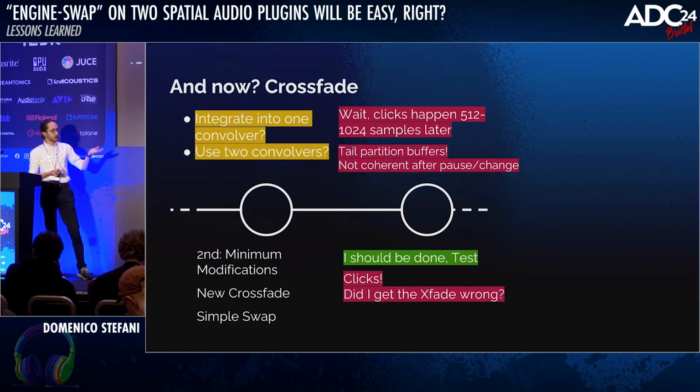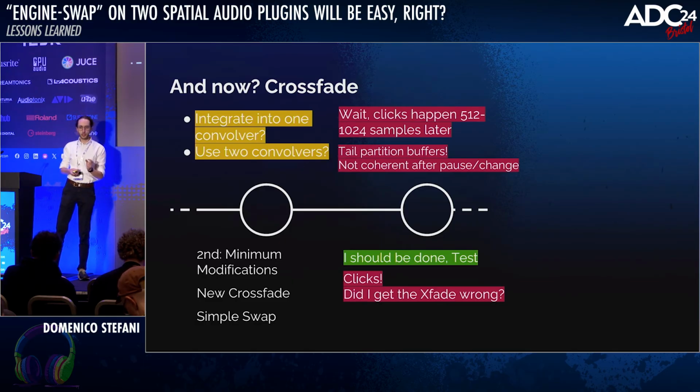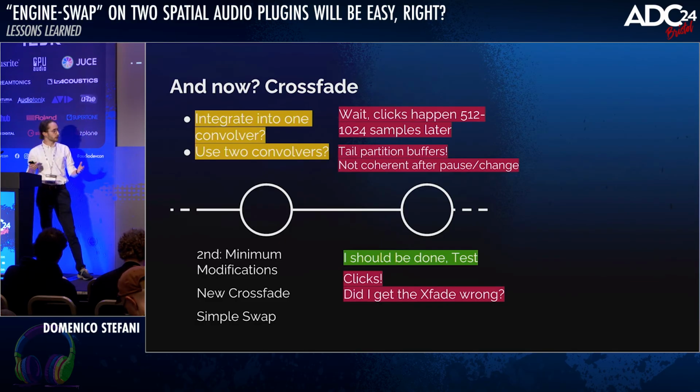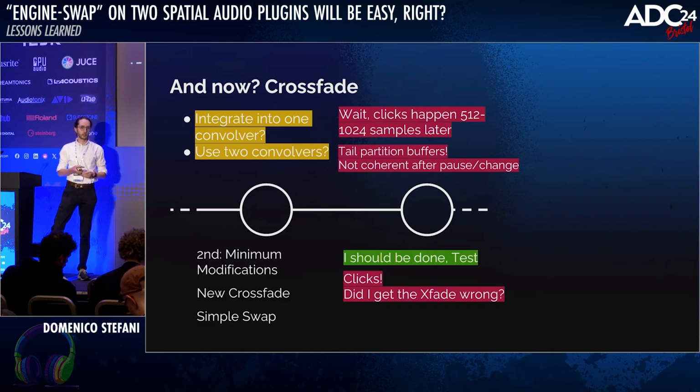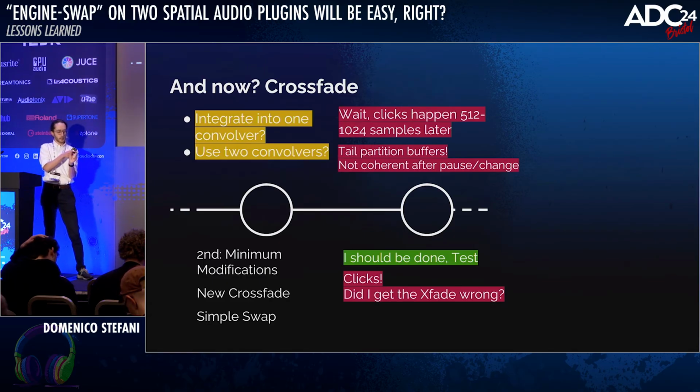What happens is that the CPU is not super optimized to deal with a small number of operations and many of them. What happens instead in non-uniform partitioning is you cut only the first partitions to that very small size, and then you double in size. And then at some point you double in size again. So you end up having the first partitions being very small, so you can have your low latency.